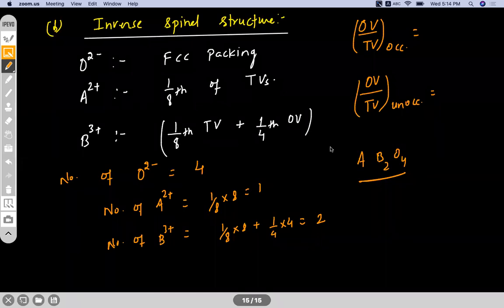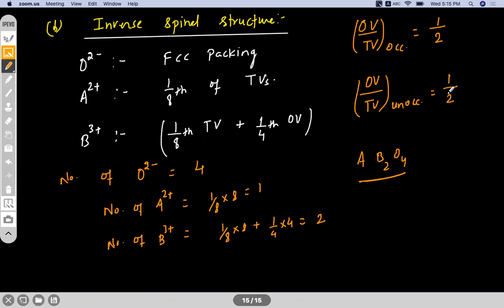Yes, sir, 1 by 2 for both. Yeah, it's 1 by 2. 1 OV occupied and 2 TV. 1 TV is taken up by the trivalent ion and other one is divalent ion, right? Yeah. So 1 by 2 here, and similarly here also 1, and we have 2.